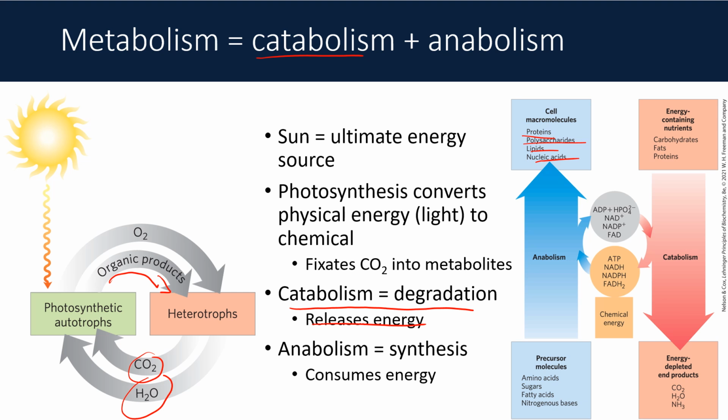These are going to have very low entropy compared to the products of catabolism, which have very high entropy. Going up an entropic hill has a price. We need to pay an energetic tax to allow for anabolism, which is a set of synthetic metabolic reactions.